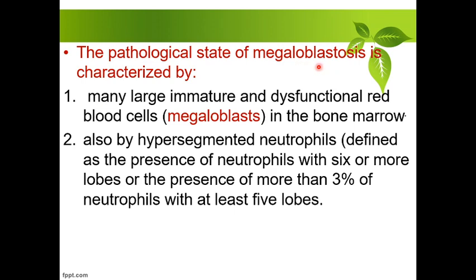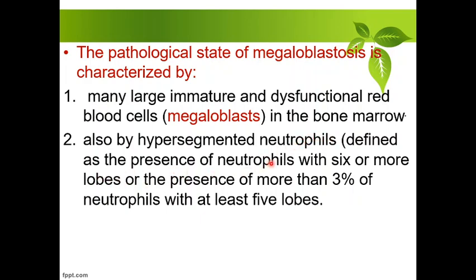The pathological state of megaloblastosis is characterized by large, अभी मैंने आपको बताया, immature dysfunctional red blood cell, megaloblast in the bone marrow. Also by hypersegmented, मैंने आपको neutrophils define किए थे, ठीक है?